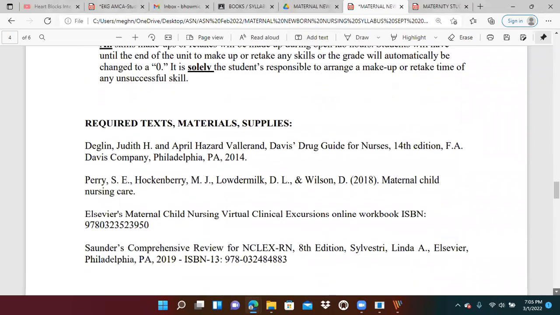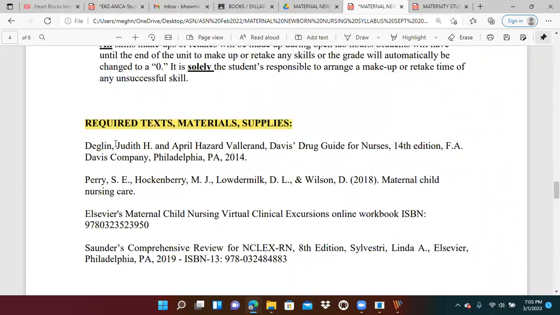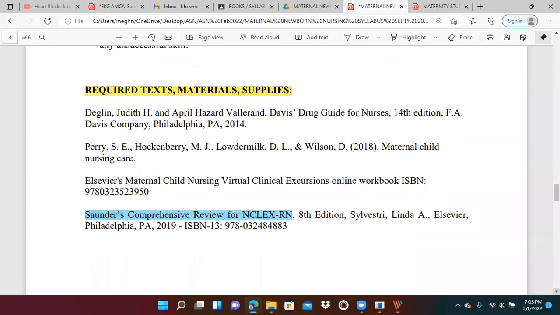Now here we can see what books and materials students are supposed to follow. Here we have a book list we recommend you can follow. But basically, I like to request the students to follow the Center Comprehensive Review for NCLEX-RN for RN students and NCLEX-PN for PN students, right?